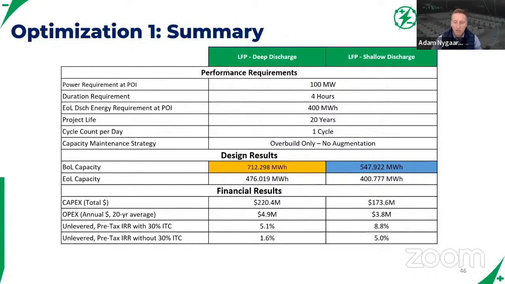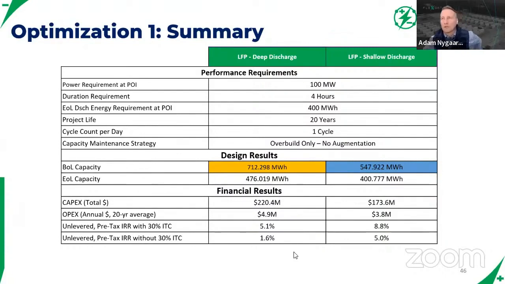What this looks like from a return perspective is shown with and without ITC, because we have quite a few international folks on the call who may not care about our 30% ITC here in the US. These are unlevered pre-tax IRRs. It's quite an impact of over 300 basis points in your investment returns.